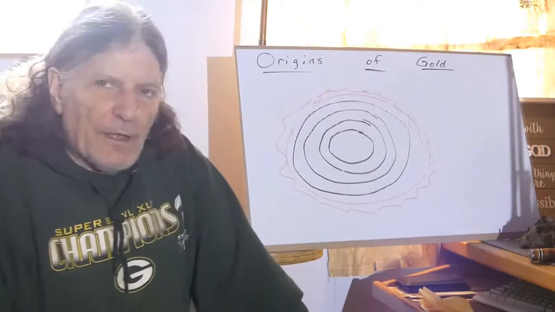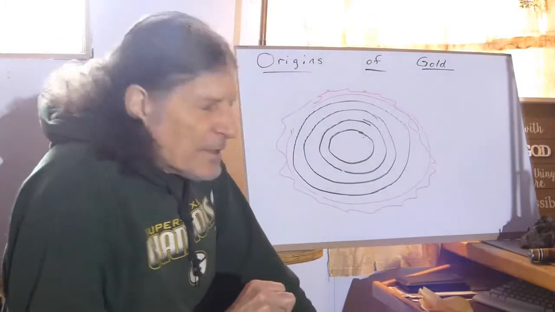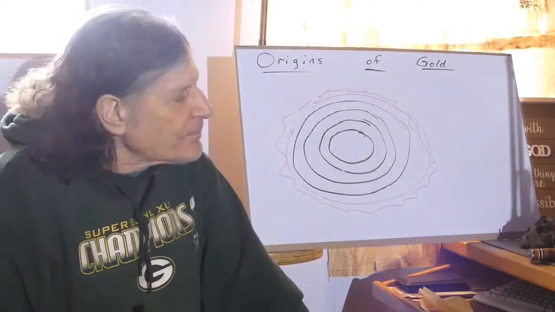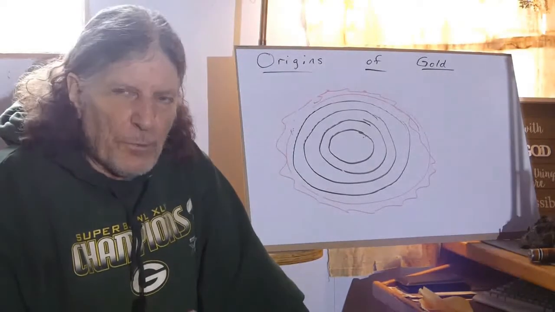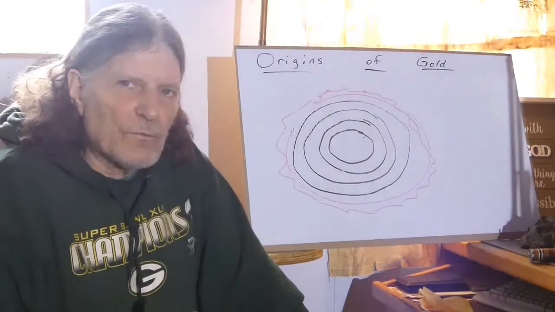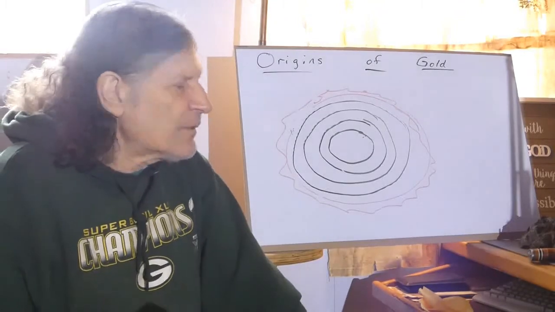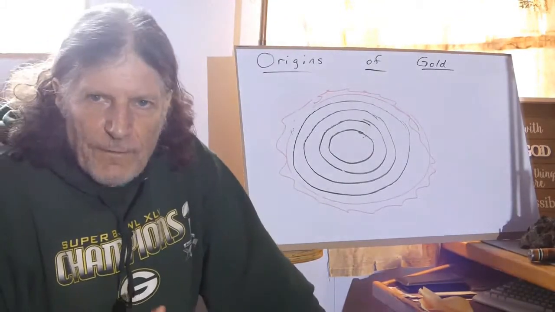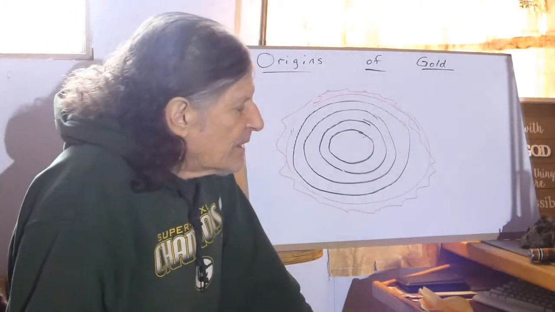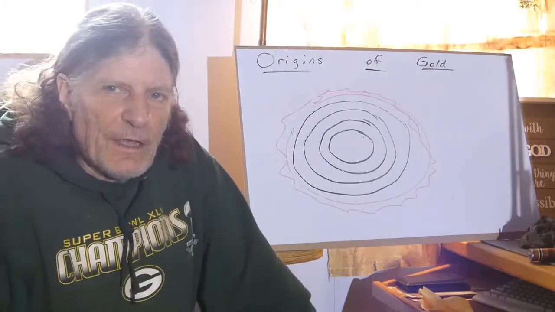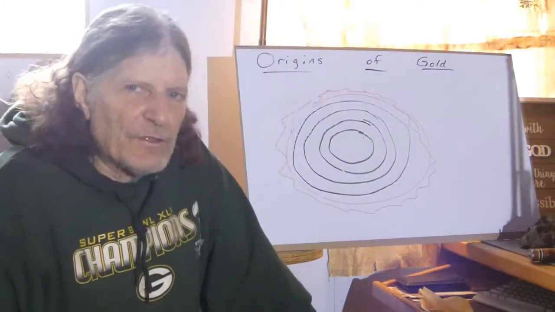So you have gold, which has an atomic number of 79. Tungsten is pretty close, has really, really close characteristics. That has an atomic number of 74. Platinum has an atomic number of 78.